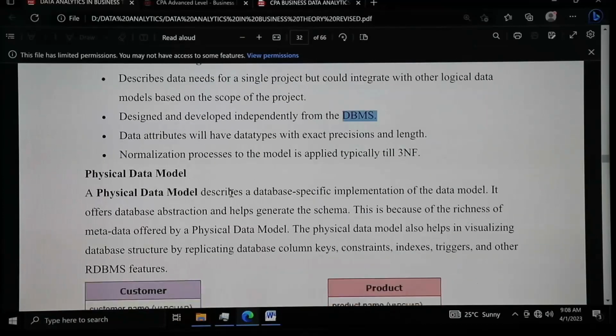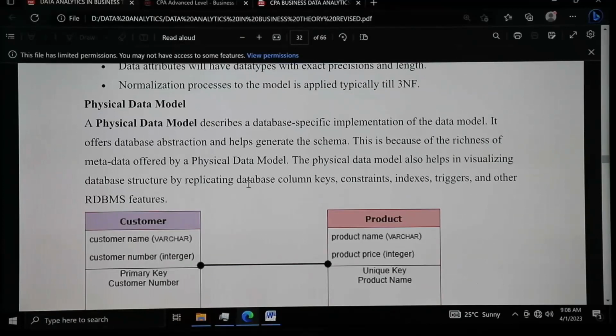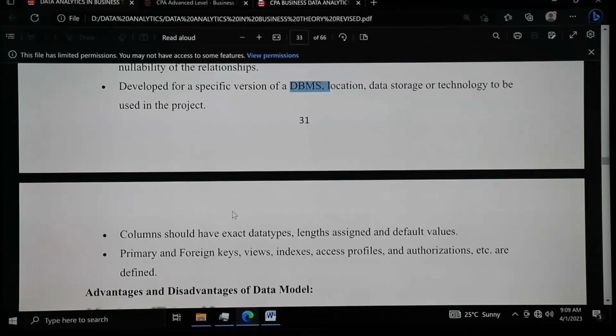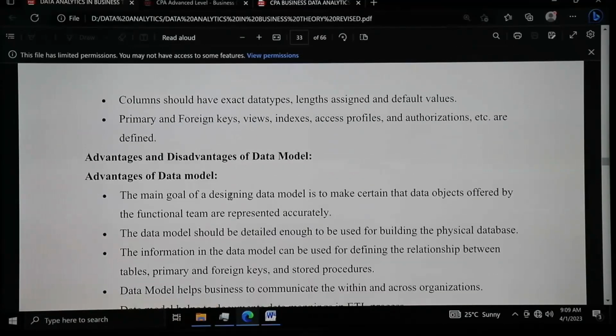Because the third one is actually created in database management software. So the last, the physical data model, is developed for a specific version of DBMS, that is database management software. And that is basically what a data model is all about.